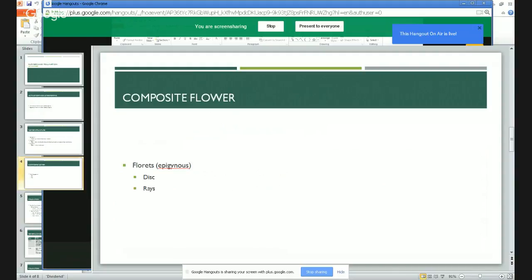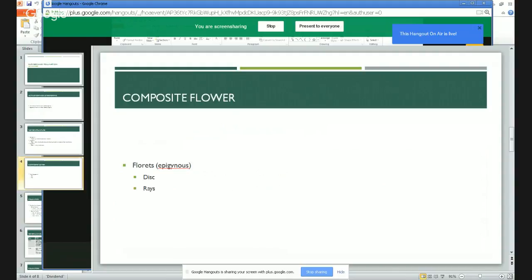When we're talking about this, there's technically another one. It's called the composite flower. And if you flip your piece of paper over, you've got several ovaries here in this particular type, because it's not going to have just one ovary.